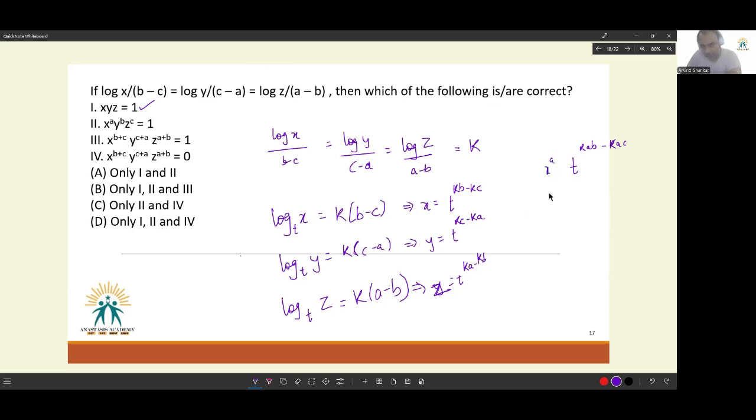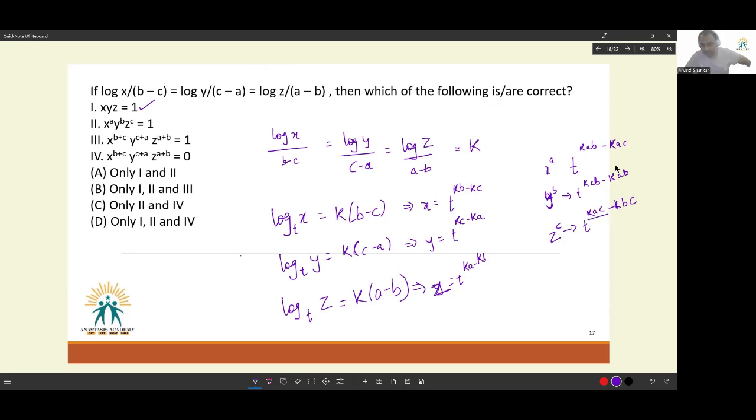This is x raised to the power a. y raised to the power b will bring me to t raised to the power kcb minus kab. Nice. And z raised to the power c will bring me t raised to the power kac minus kbc.